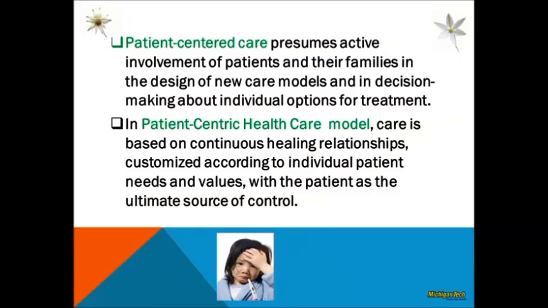This is very important, especially for some diseases, such as diabetes. In this kind of disease, the patient's options, the patient's ideas are very important, because that depends on how the patient will act.